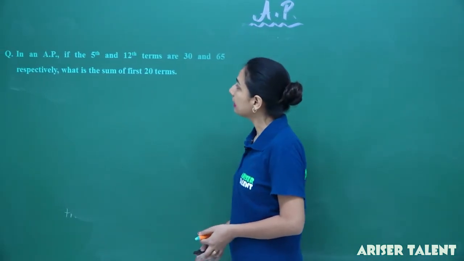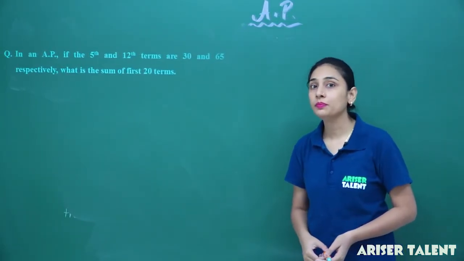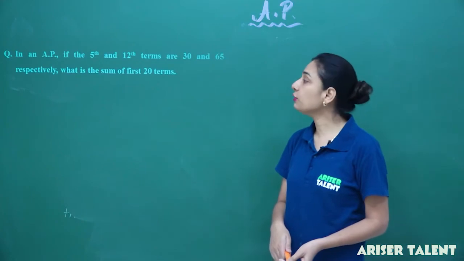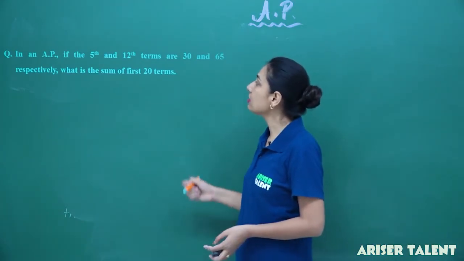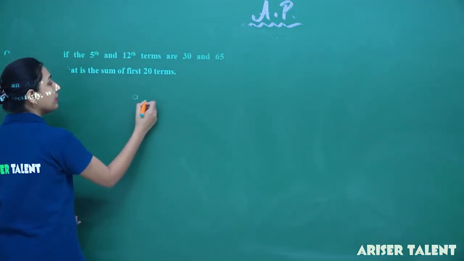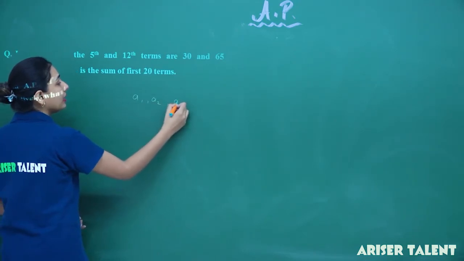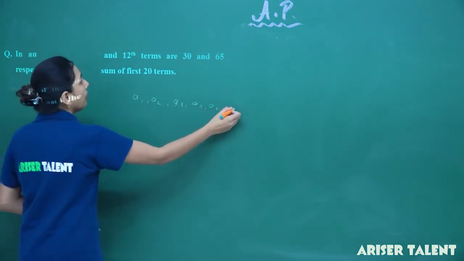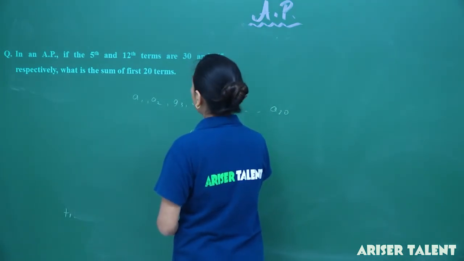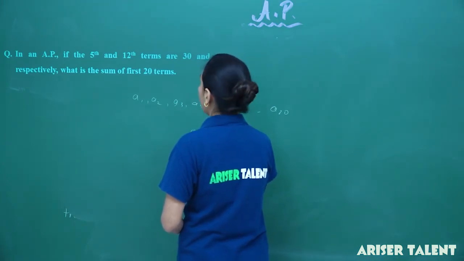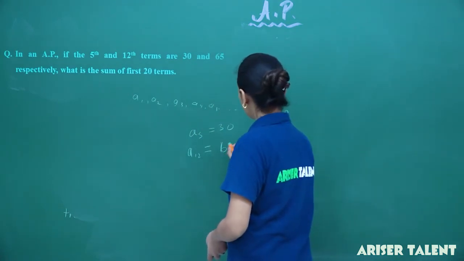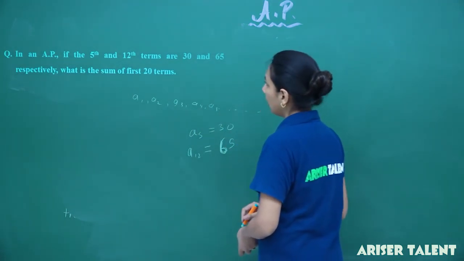In an AP, if the 5th term and 12th term are 30 and 65 respectively, what is the sum of the first 20 terms? So in the series we have 20 terms, that is A1, A2, A3, A4, A5, up to A20, and we are given that A5 is 30 and A12 is 65.